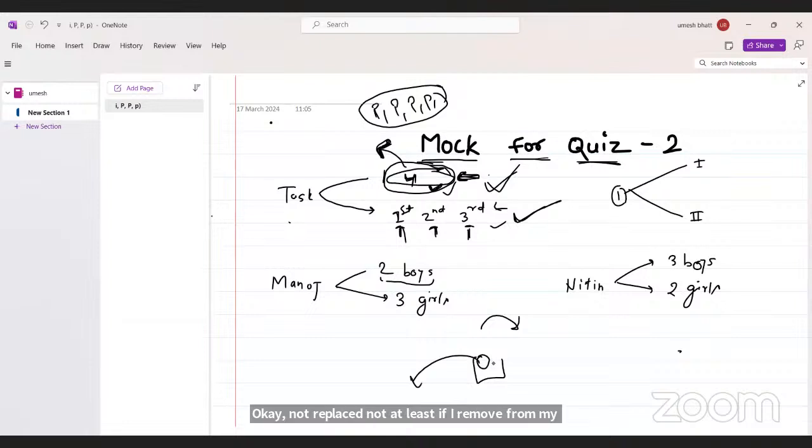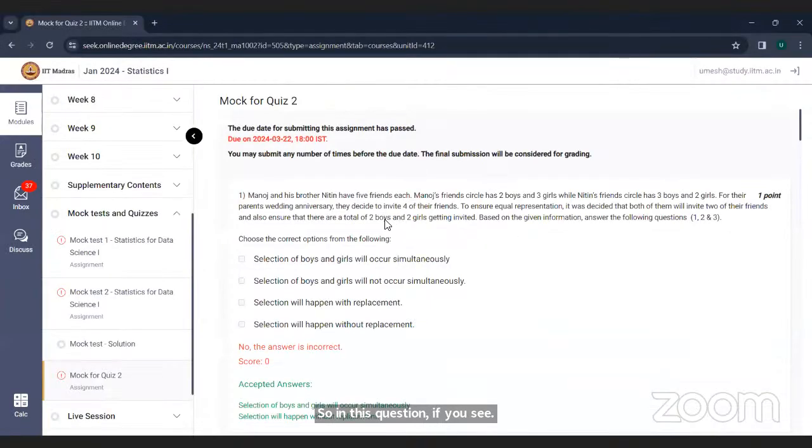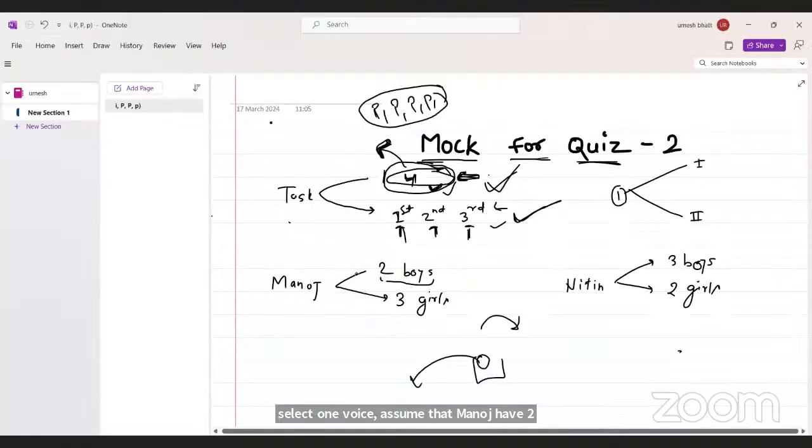Okay. So in this question, if you see what is happening, assume that Manoj has two friends, boys B1 and B2.